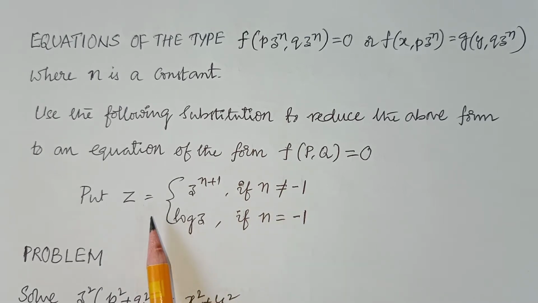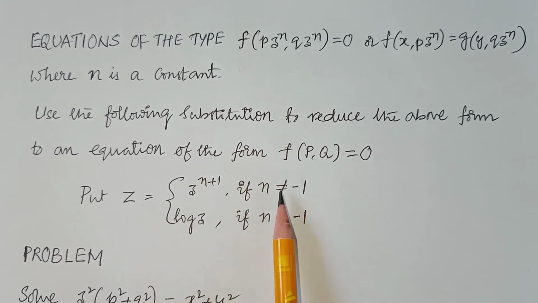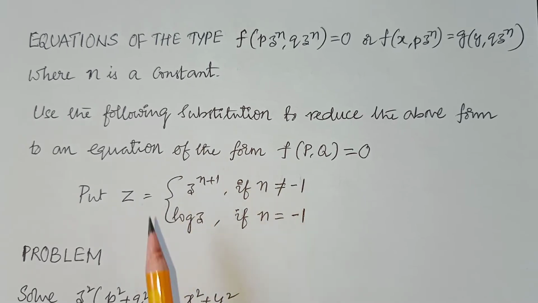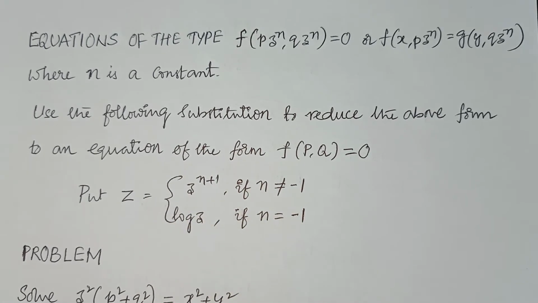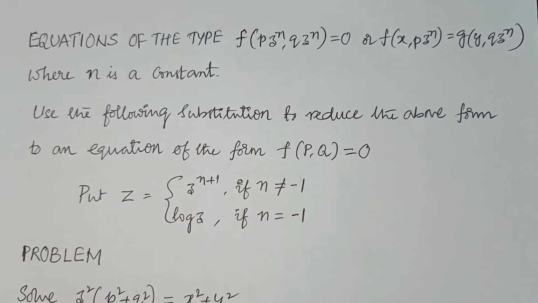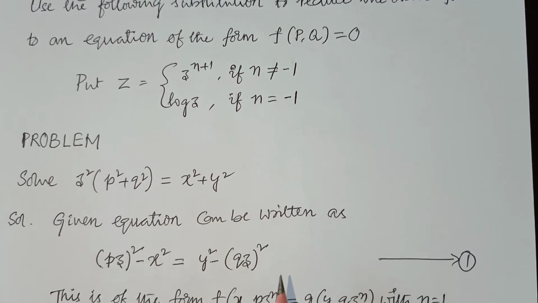But put capital Z equal to log z if n is equal to minus 1. Other than the value minus 1, put capital Z equal to z^(n+1). This is the transformation we have to remember to solve problems of the type pz, qz combinations.